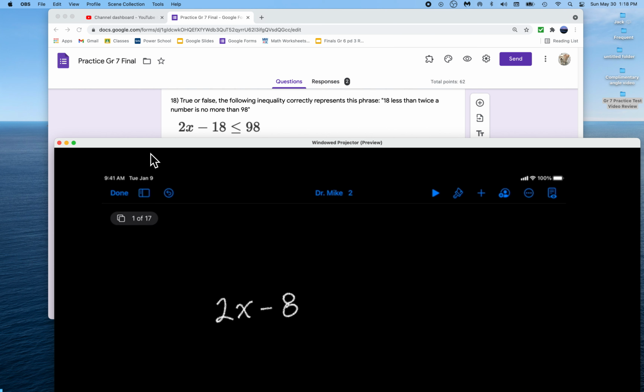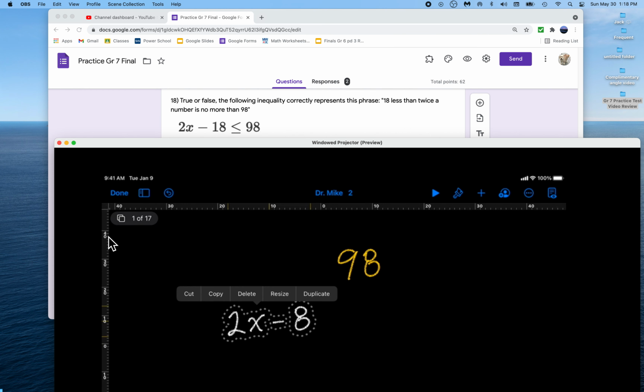There's 2x minus 8. And now I have $98 here, or 98. So I say to myself, okay, this 2x minus 8 can be no more than 98. Right, so in my mind, I might move this around.